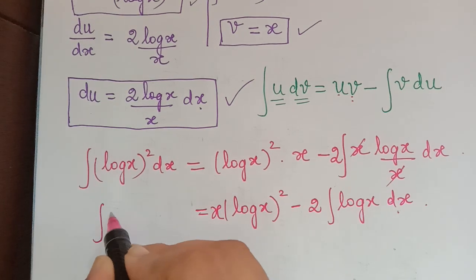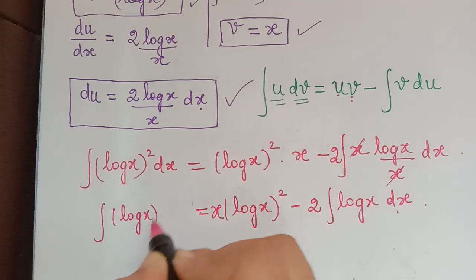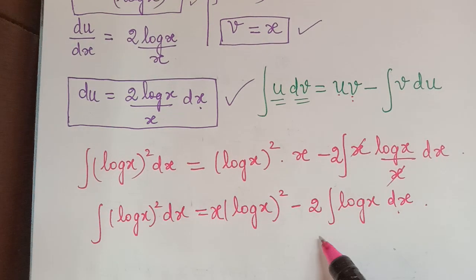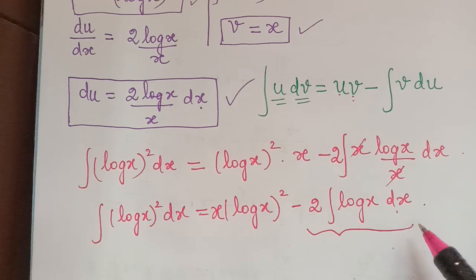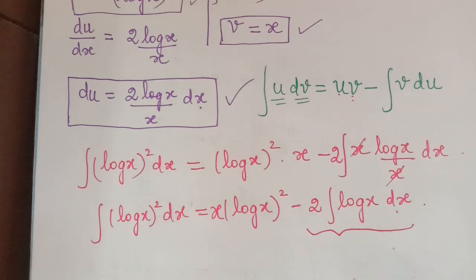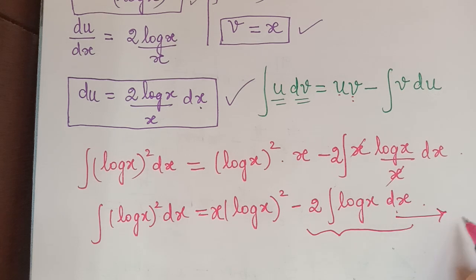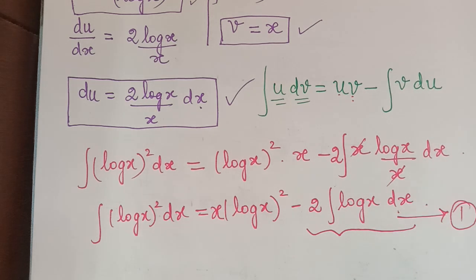Now here we have integral (log x) the whole squared dx, and we have obtained this to be equal to this. Now the integral log x dx we have to find separately. So let me mark this as equation 1, so that I will find this separately and again substitute it in equation 1.